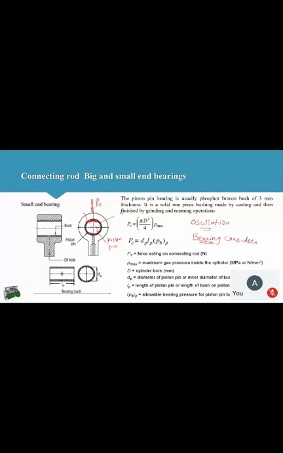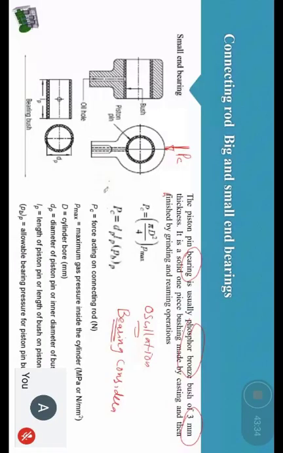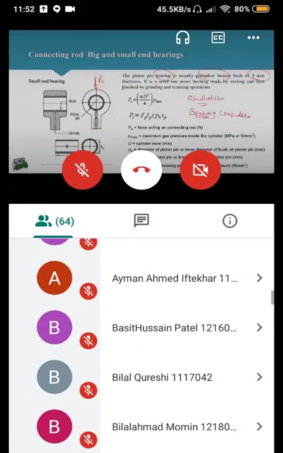So the piston pin bearing, which is normally called a bush, is made up of phosphor bronze, which is approximately 2 to 3 millimeter thickness, and the piston pin is inserted. Now, mind you, we have seen that the piston pin is basically a hollow piece, and the inner diameter of this bush is equal to DO.